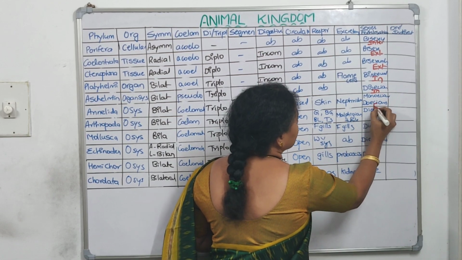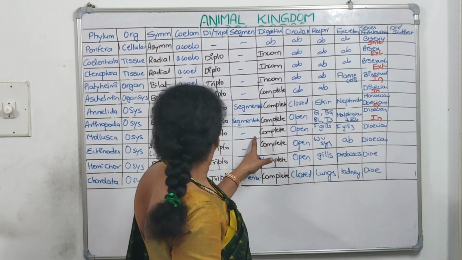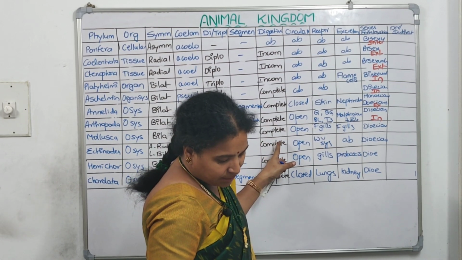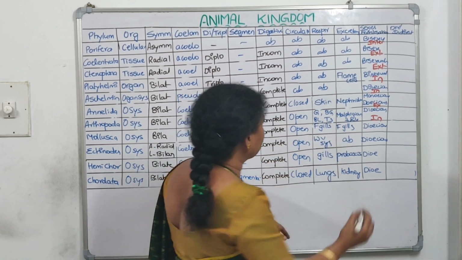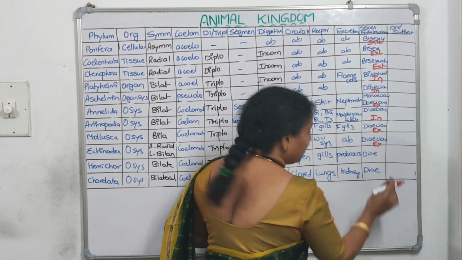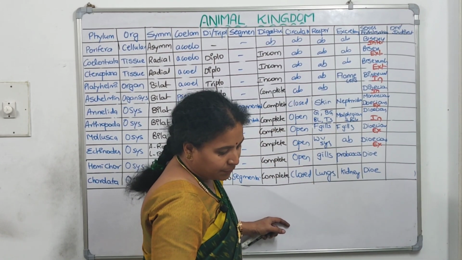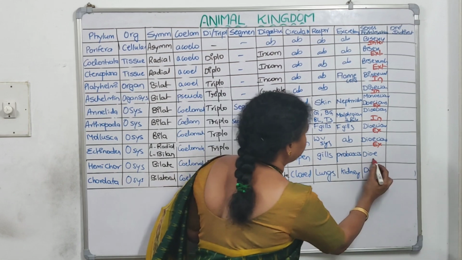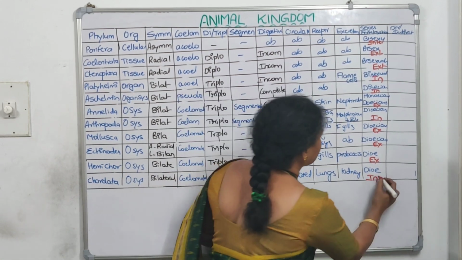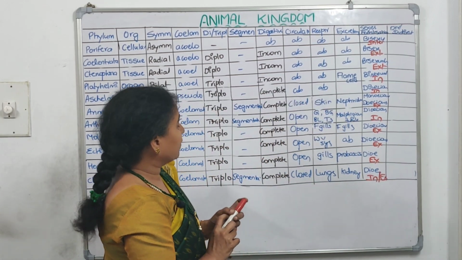In Annelida, it is external. Here it is internal. And in Mollusca, we say fertilization is external. Here it is external. In Hemichordata, fertilization is external. And here it is internal, and sometimes external also.